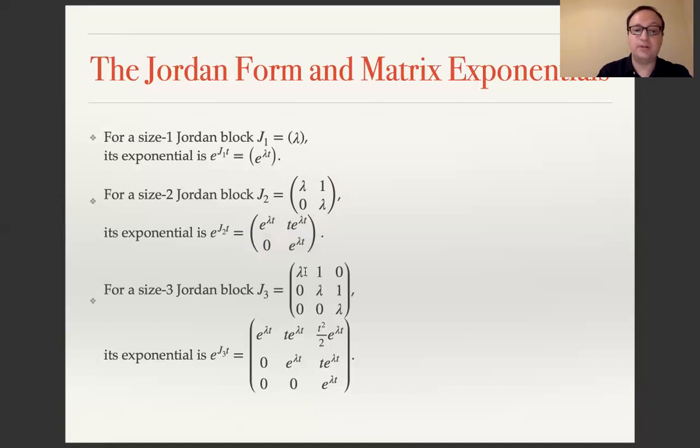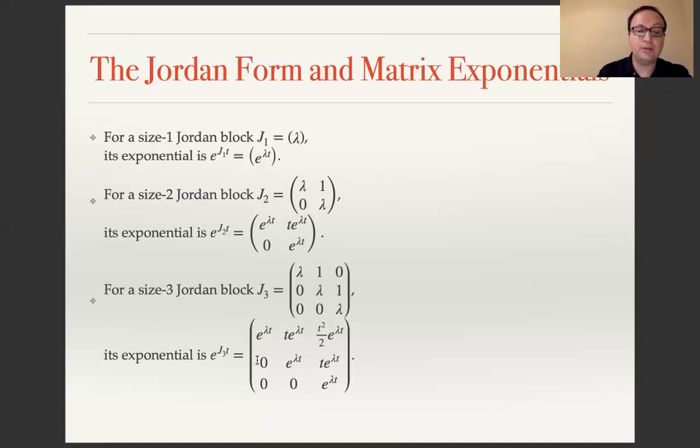For a size 3 Jordan block, this has 3 lambdas on the main diagonal, 1 on the diagonal immediately above the main diagonal, and 4 zeros to fill out the block. Then its exponential is, well, again a 3 by 3 block.